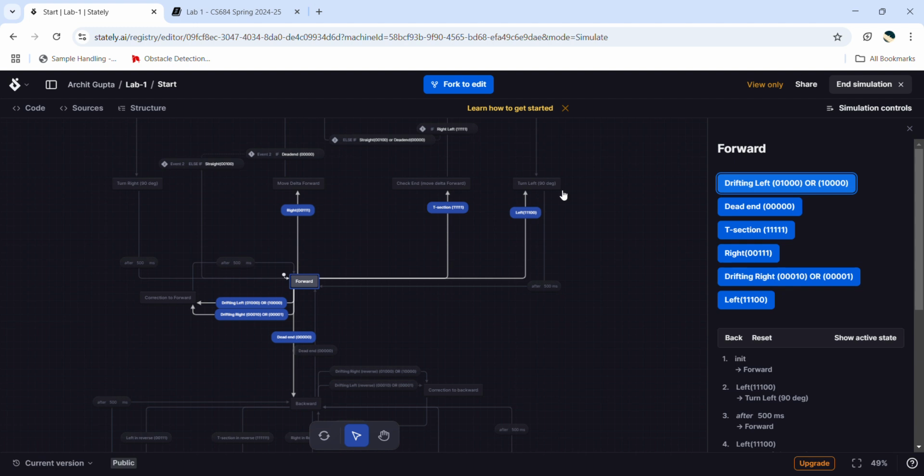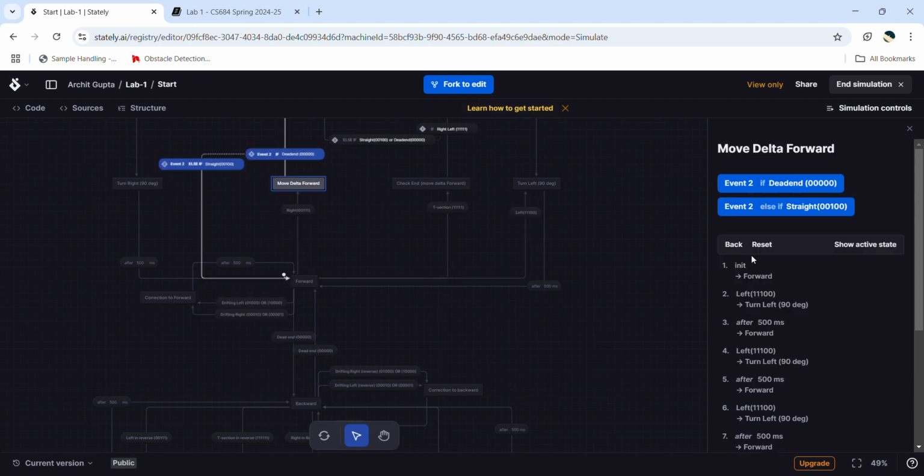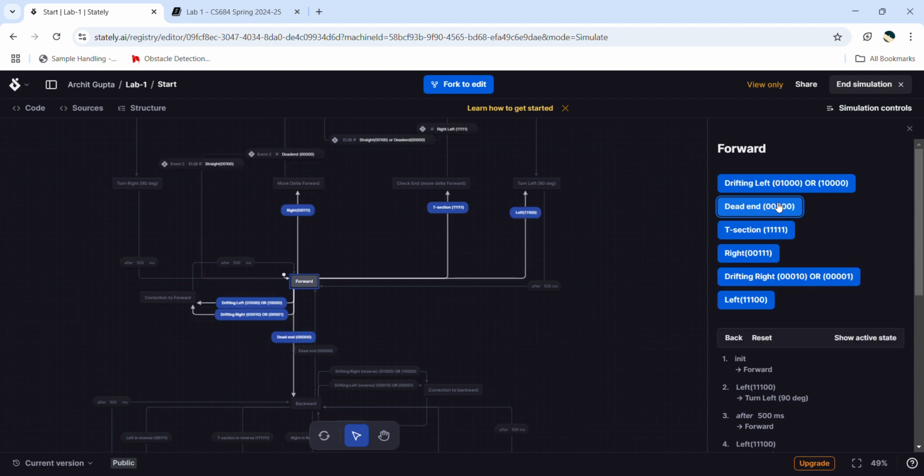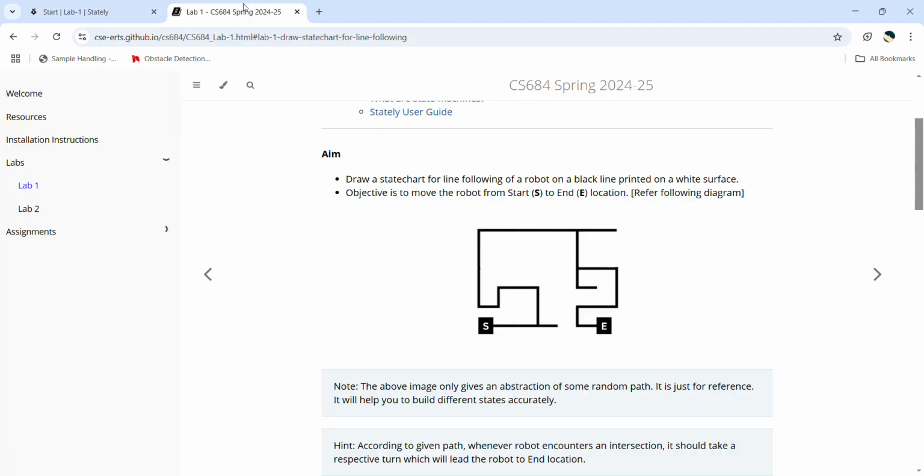So I'll show you what happens here. We come across a right section, but after moving forward we see that there is a straight line path available, so we keep on moving straight here. Upon moving straight, we observe that we suddenly reach a dead end.